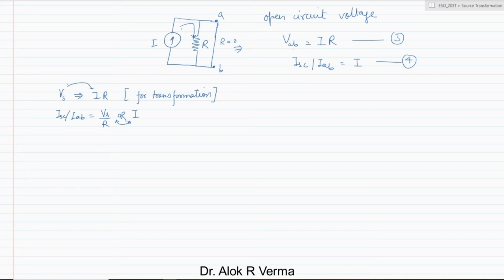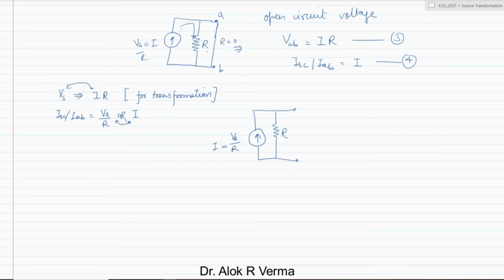We have already compared here. So if we have a current source whose magnitude is I, which is Vs by R, this is the short circuit current, and now see what the voltage will be. Voltage should be Vs, right? So Vs by R into R, so this has to be R.